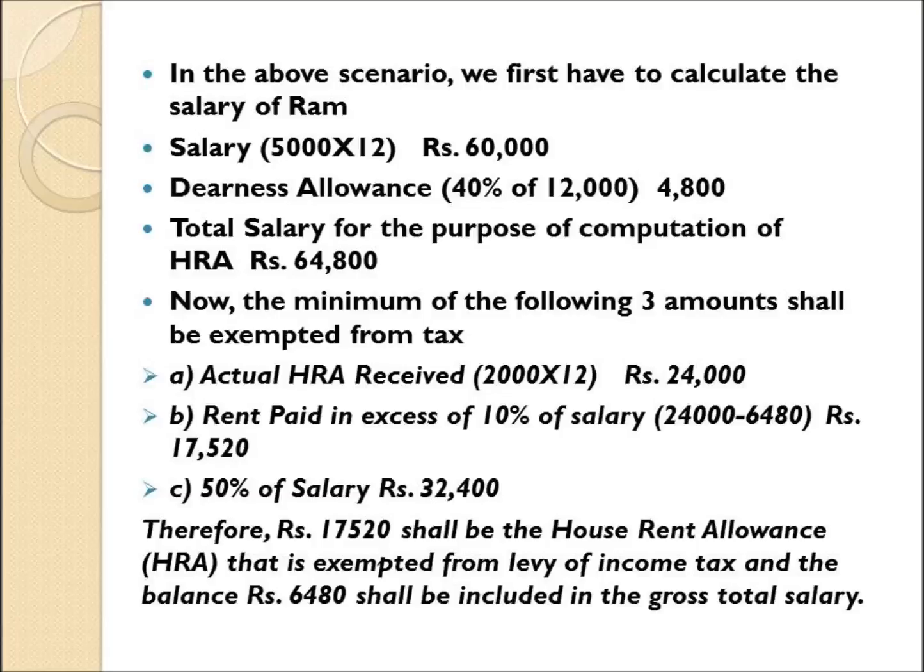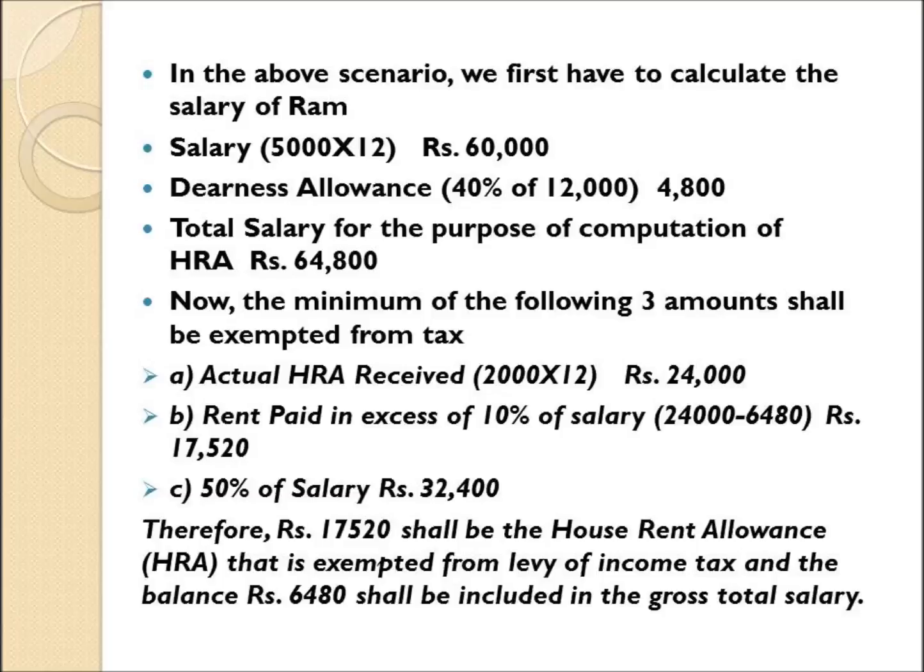So dearness allowance was 1,000 per month, so it will be 12,000 for 1 year, and of that only 40% will be included in the salary of the employee. So 40% of 12,000 is 4,800. We add up these two, that is basic pay and dearness allowance forming part of retirement benefit. So we get total salary for the purpose of computation of HRA as rupees 64,800.